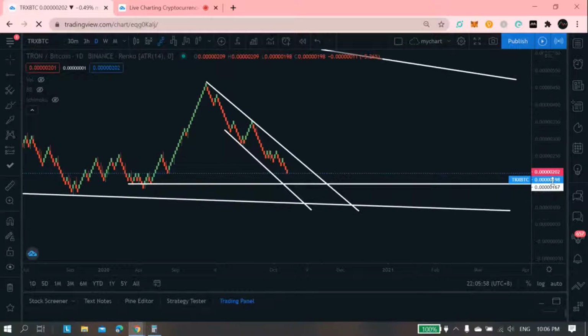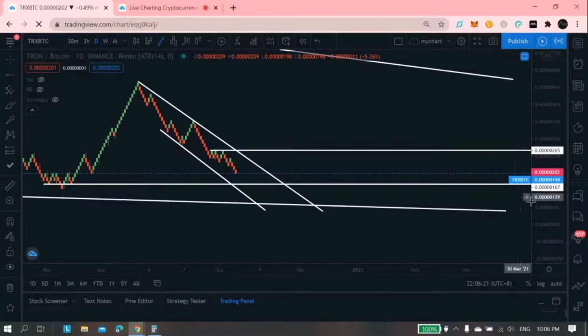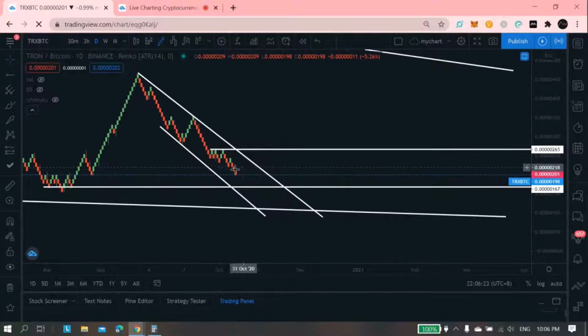Possible resistance I'm looking at is this area, where it seems a lot of Renko bars retest.